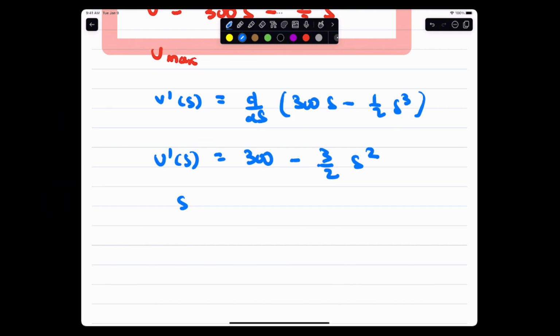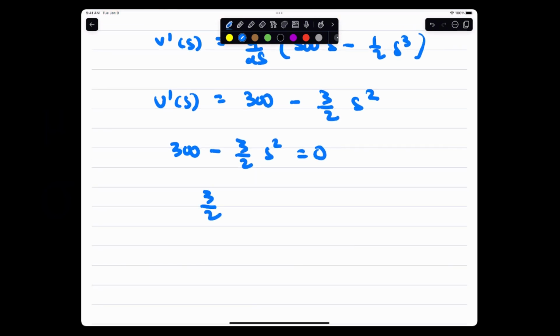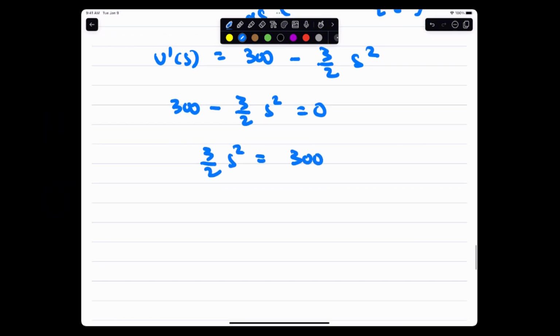So 300 minus 3/2 S squared equals 0, which will be 3/2 S squared equals 300, right? Or S squared will be 300 times 2/3.